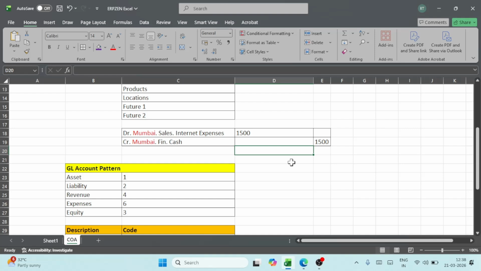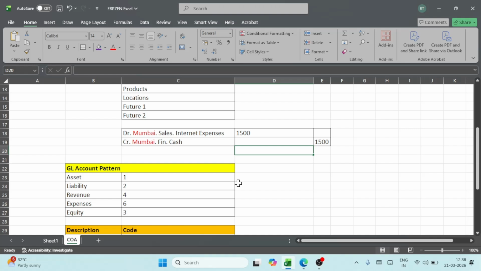In accounts, we will see lots of values like telephone expenses, internet expenses, audit expenses, furniture. Likewise, we can see so many GL accounts. For the system to understand which is an expense, which is a liability, which is revenue, we will assign the natural account segment.